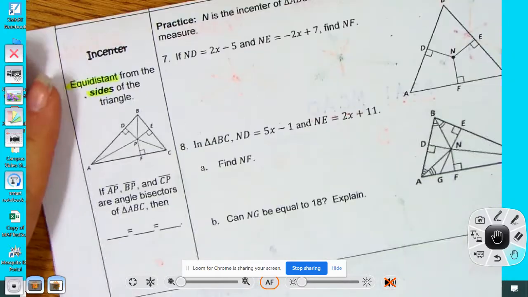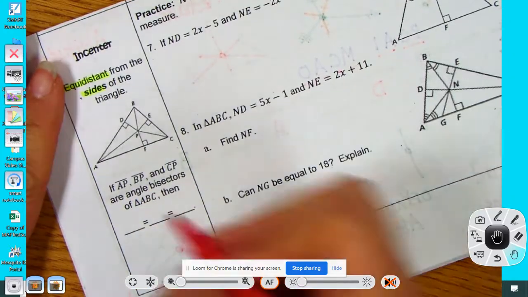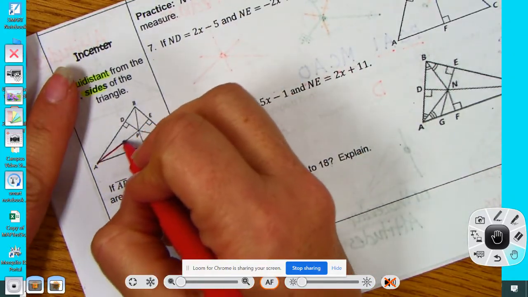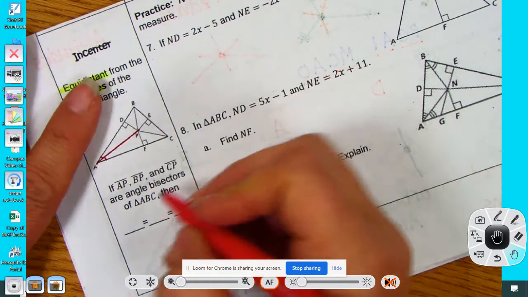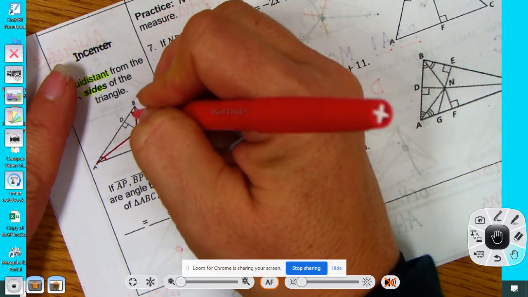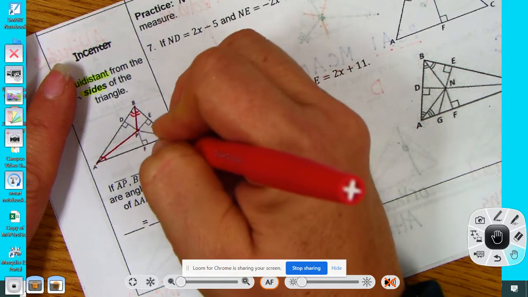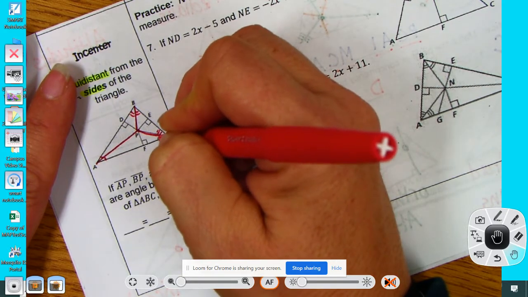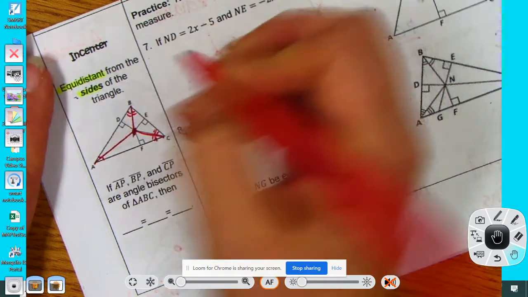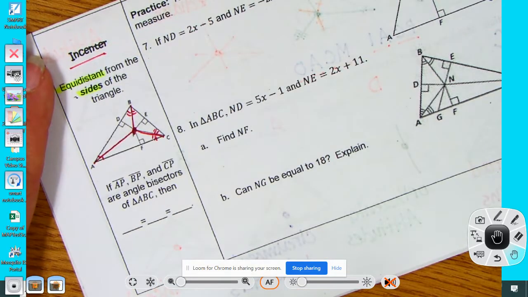So now I know that if AP is an angle bisector, BP is an angle bisector, and CP is an angle bisector, point P is the incenter.